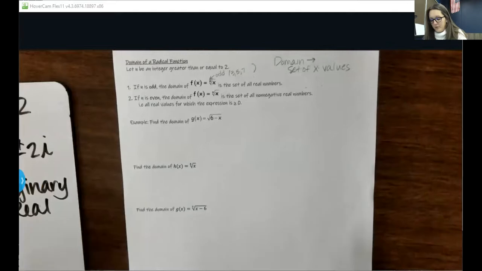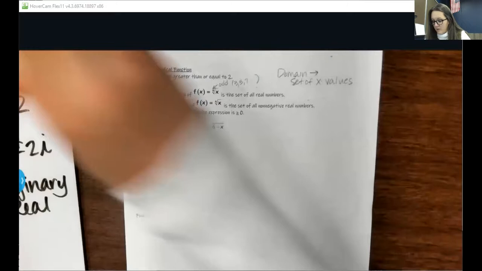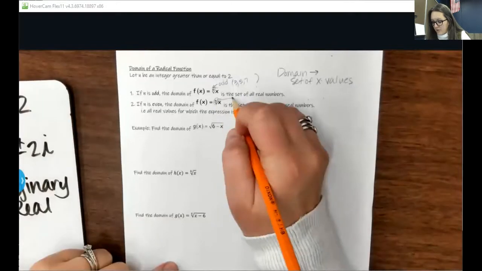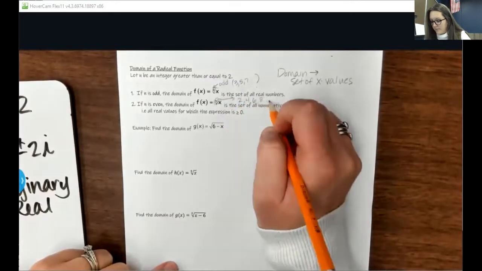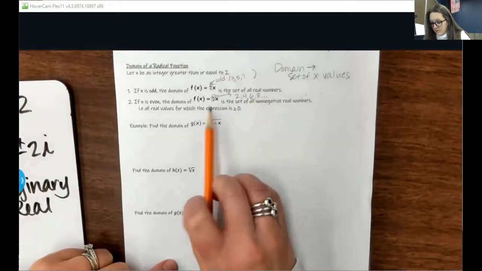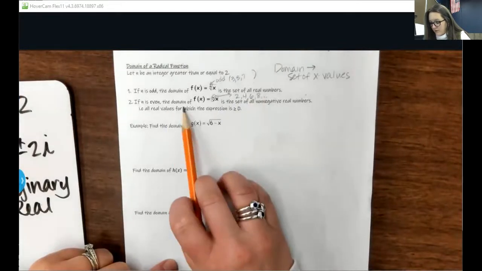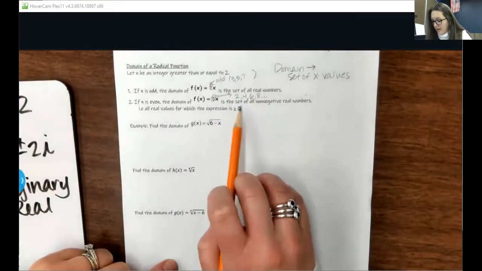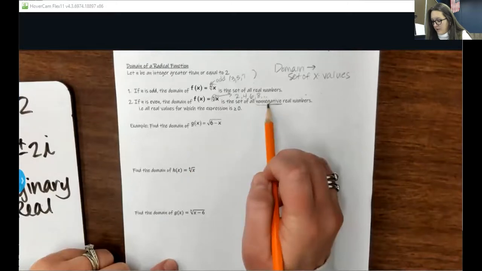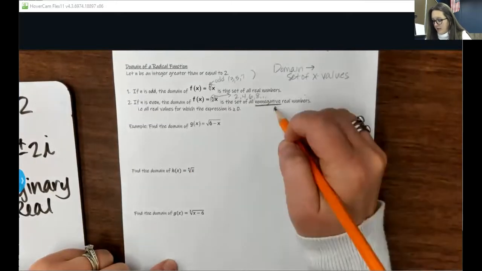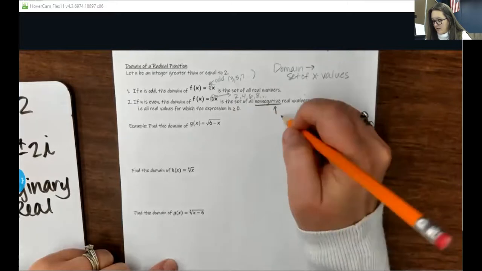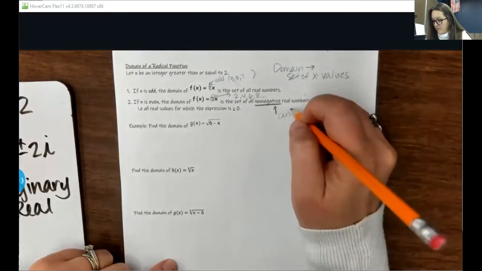But let's read this one first. If n is even, so that means your root is even, like 2, 4, 6, 8, and so on, then your domain is the set of all non-negative numbers. What does non-negative mean? Non-negative means that it can't be a negative number.